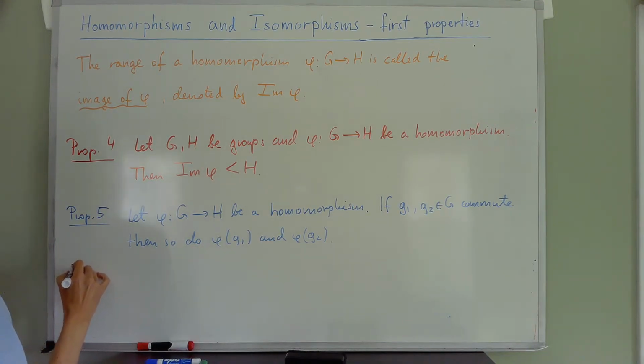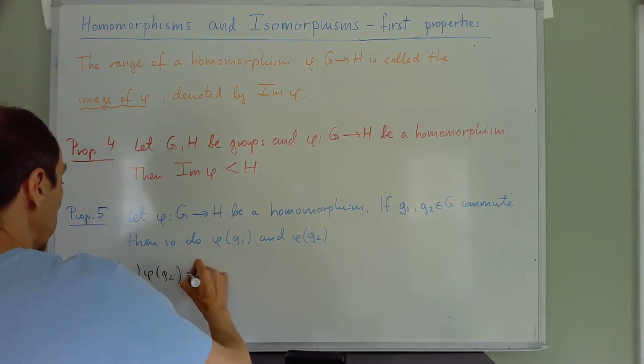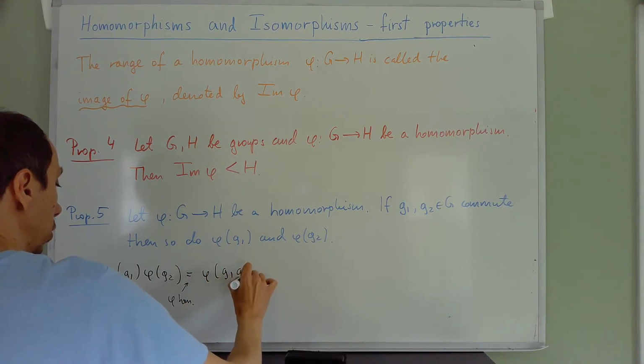Proof. So I want to see if phi of g1 and phi of g2 commute. Because phi is a homomorphism, I can just stick g1 and g2 inside.